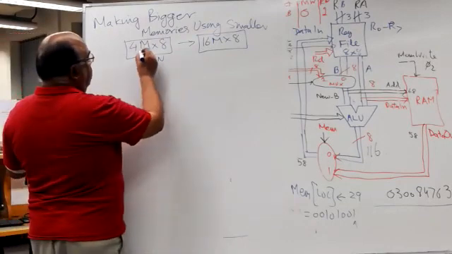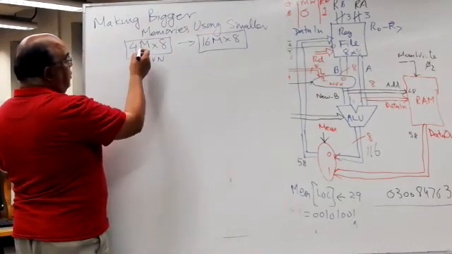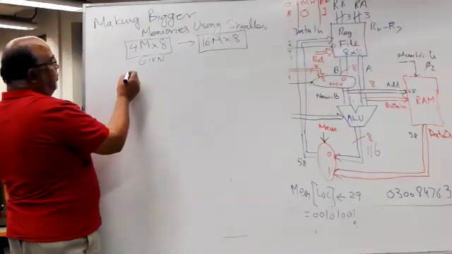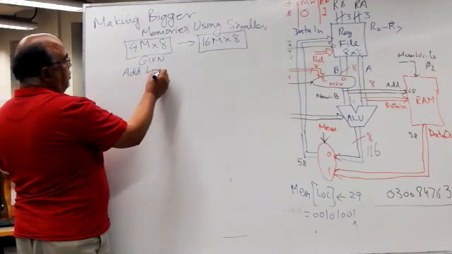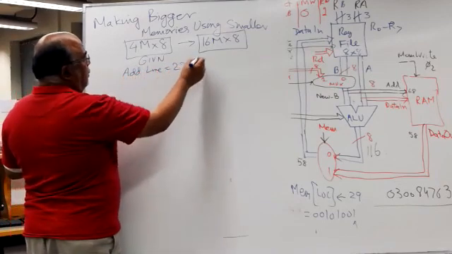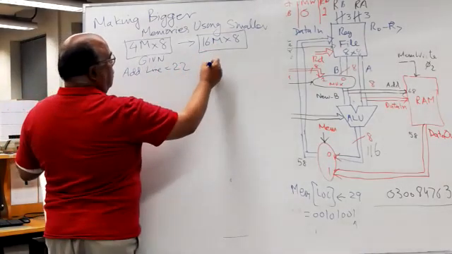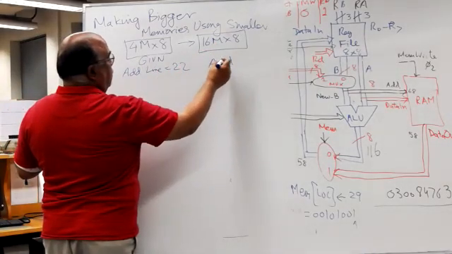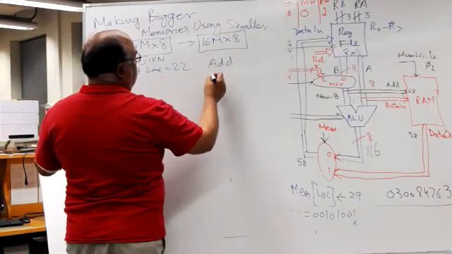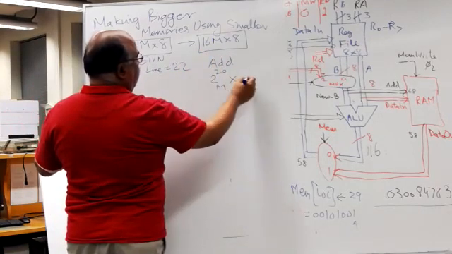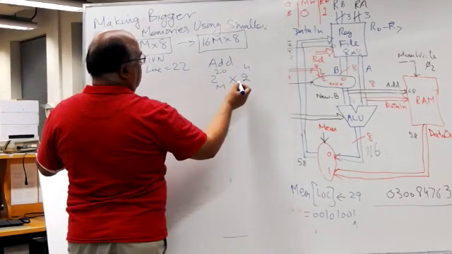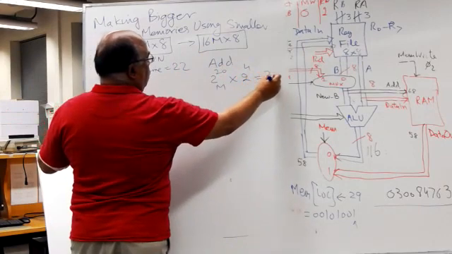So you have to see how many total address lines there will be. Address lines here will be 22. Here, how many address lines are there? That will be 2 raised power 20, which is mega, multiplied by 2 raised power 4, which is 16. It comes out to be equal to 24.